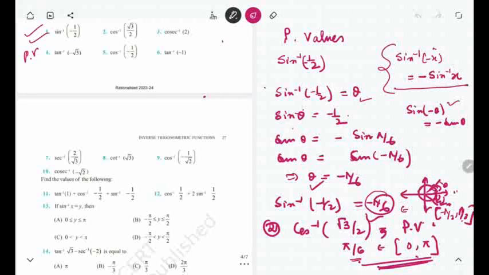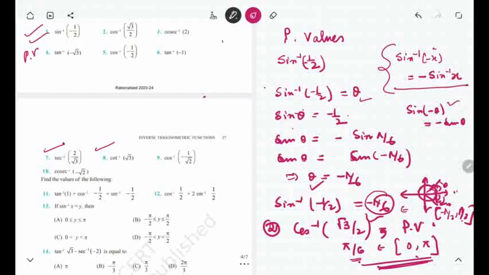I can take this as a direct value, you can do this. Cot inverse root 3 you can do. Cos inverse minus 1 by root 2 and cosec inverse minus root 2. These two I am going to take.